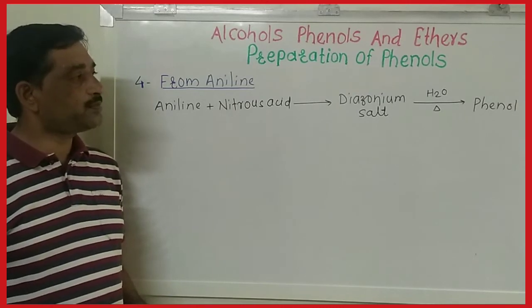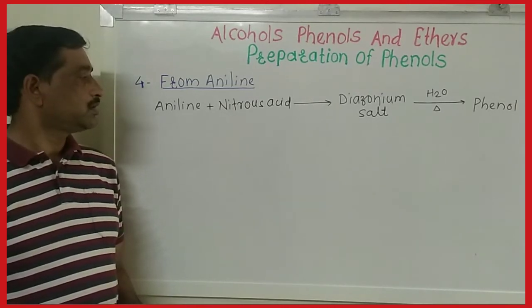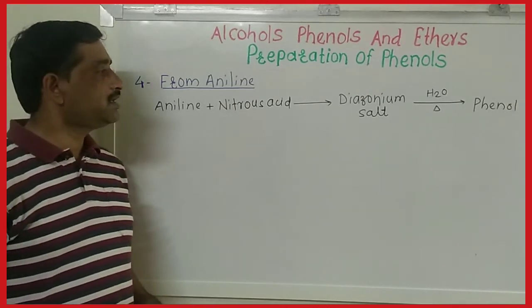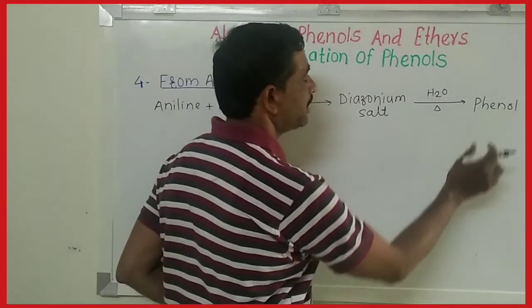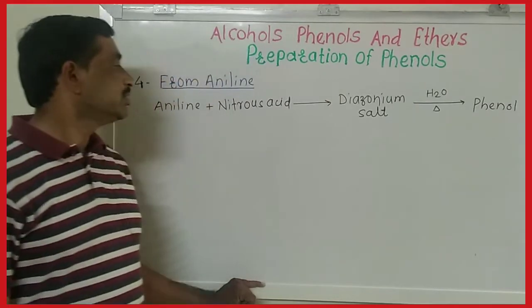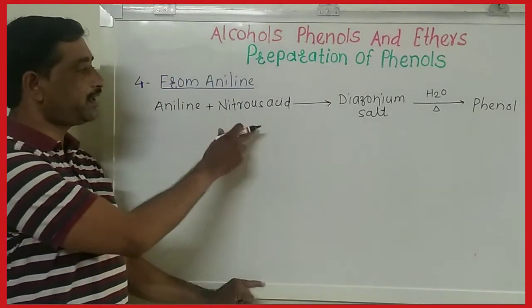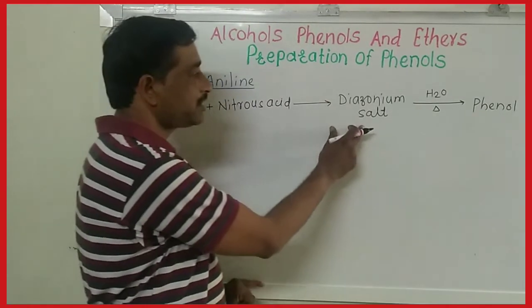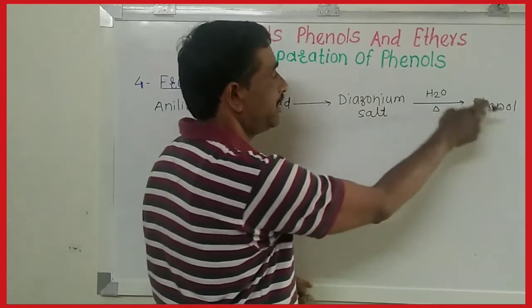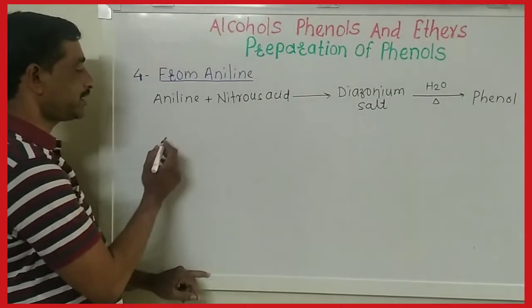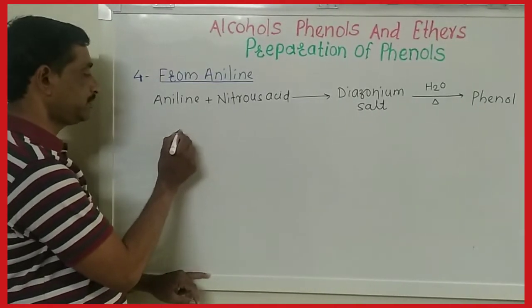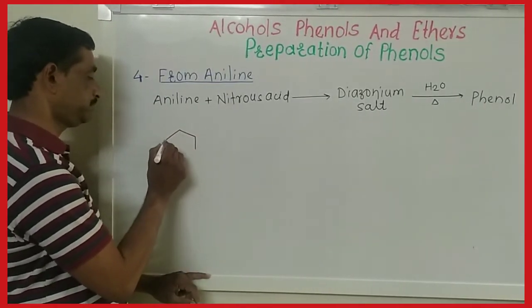It is also known as benzene diazonium salt, and this benzene diazonium salt is reacted with water, then it gives us phenol. So in this way, aniline on reaction with nitrous acid first gives diazonium salt and then it gives the phenol. So how this reaction takes place, let us consider aniline.